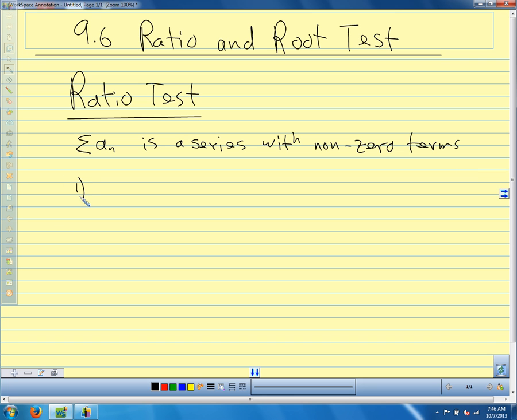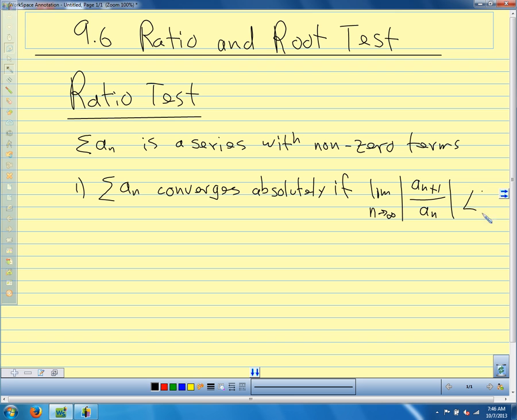We have several things that happen with the ratio test. Our series is going to converge absolutely if the limit, all we have to do for the ratio test, this is nice, is find a limit, of a sub n plus 1 over a sub n is less than 1.